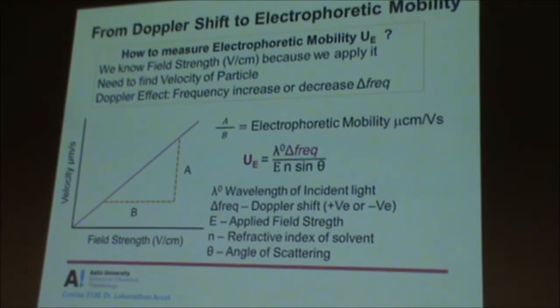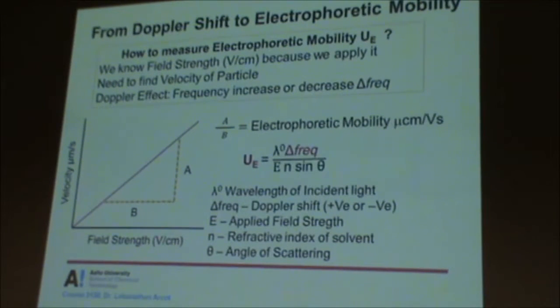And the electrophoretic mobility is linked to the Doppler shift by this relationship. Here E is the potential applied. So all that you need to do is apply a potential, measure the Doppler shift, and then you can get the electrophoretic mobility. How electrophoretic mobility can be used to get electric potential, I will come to that in 2 slides.